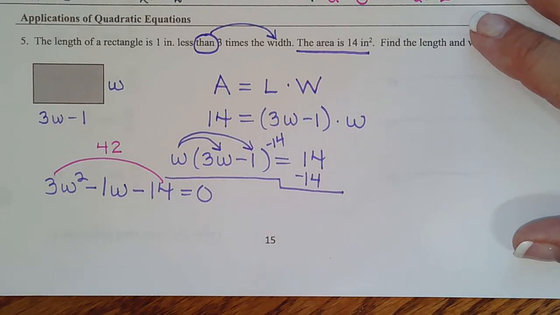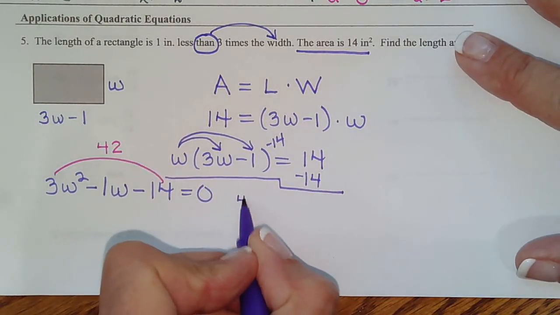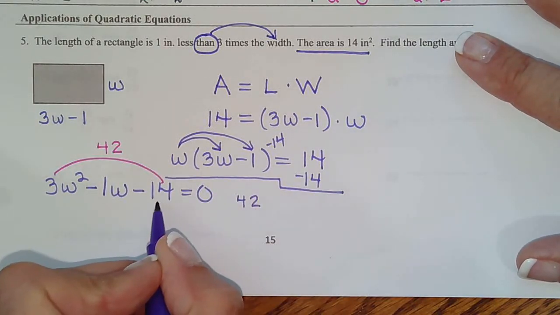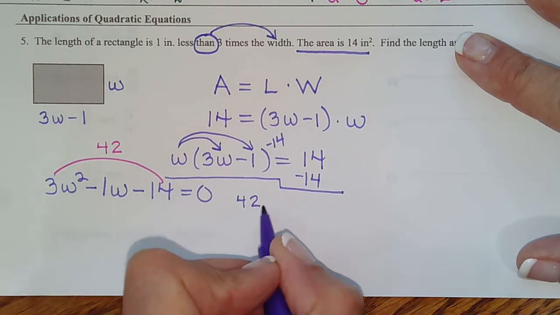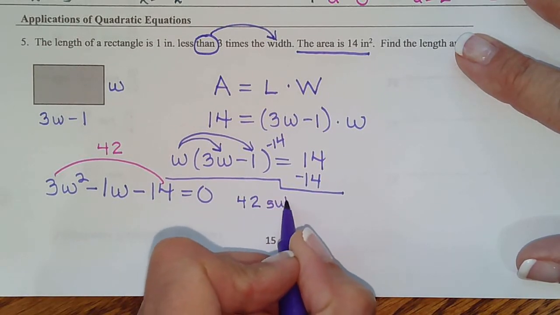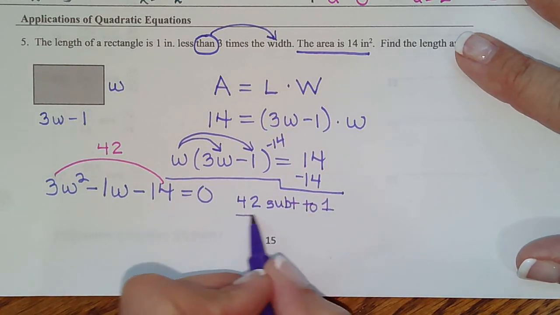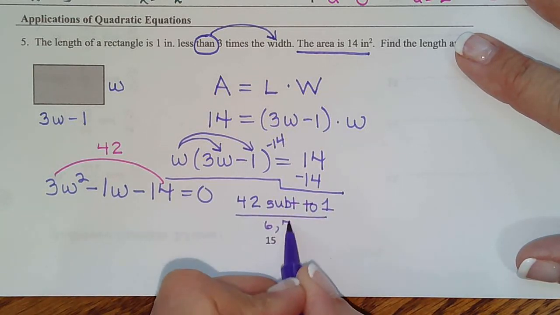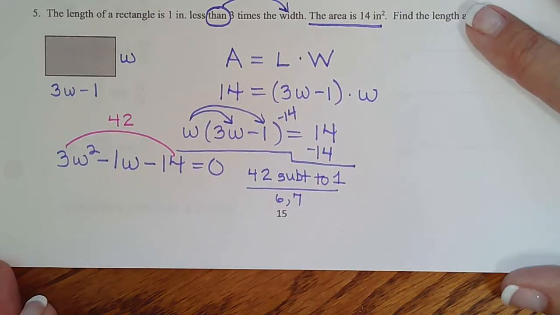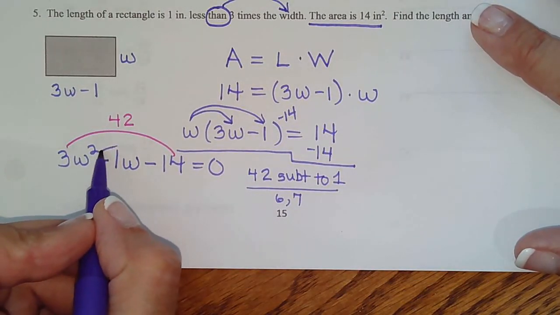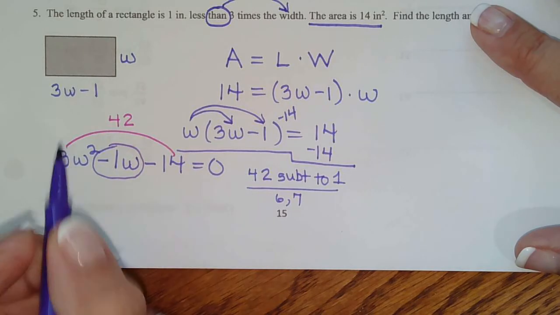So I'm looking for factors of 42. Read the problem backwards; that's subtract a 1. So 6 and 7. That's nice, huh? And I need to get negative 1.